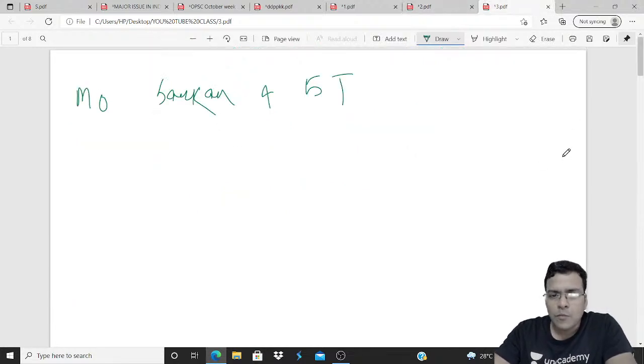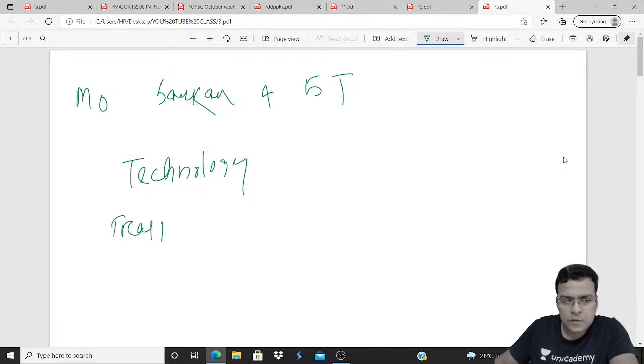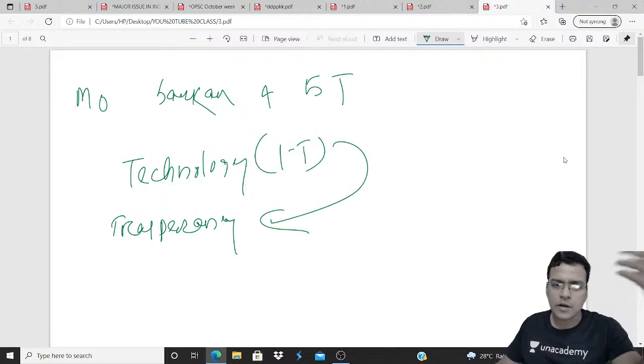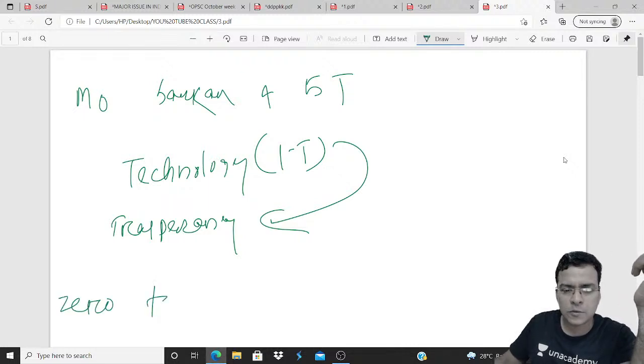So end with Mo Sarkar and 5T. One T is technology. One T is transparency. So using IT, the Government of Odisha gives importance to transparency in administration and the concept of zero tolerance to corruption.